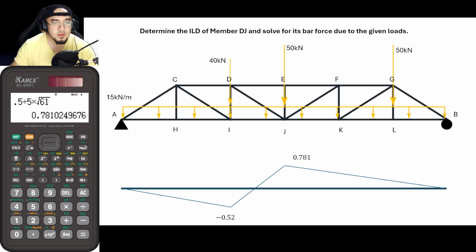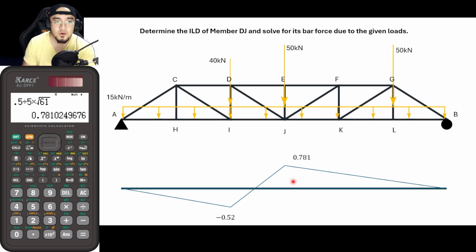What this influence diagram indicates is that if the load is located at this portion to the left, bar DJ would experience a compressive force. If the load is somewhere here at the right side, from this point to the right, member DJ would now experience a positive force, or a tensile force.